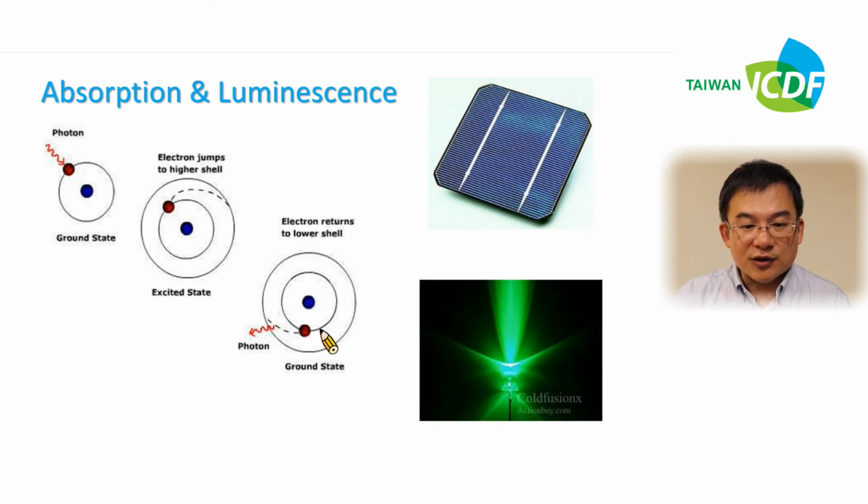This process we call the luminescence process. That is the light emitting diode, LED, like in this picture. So if we want to build a solar cell, we have to design a structure to collect the electron before the luminescence process happens. That is the idea of designing the solar module.